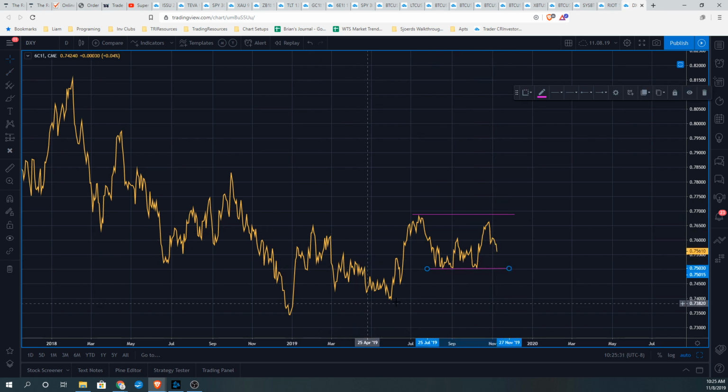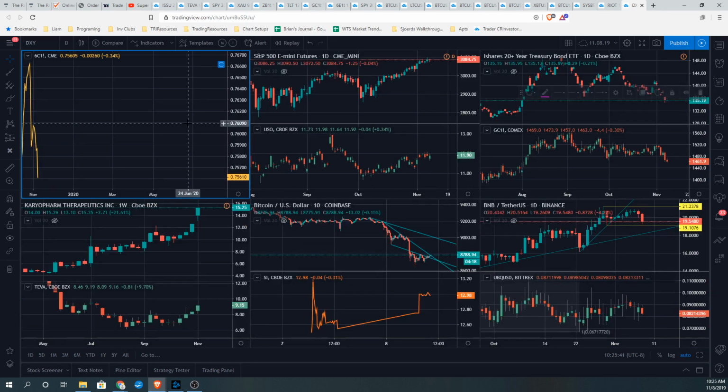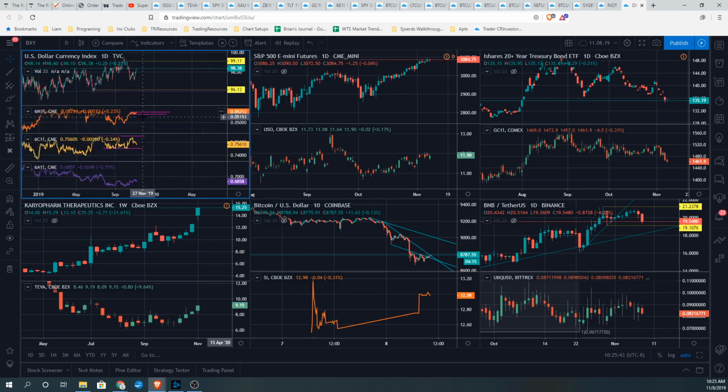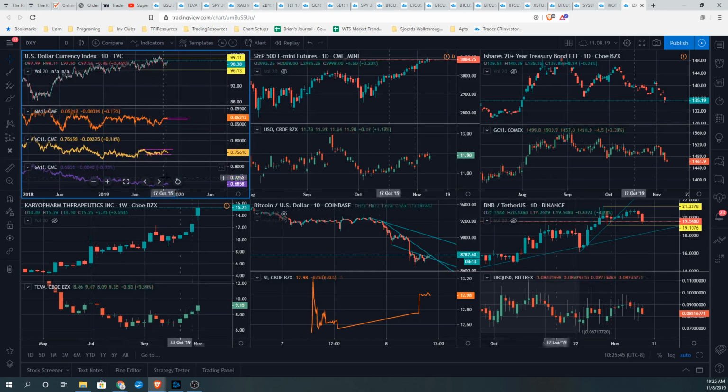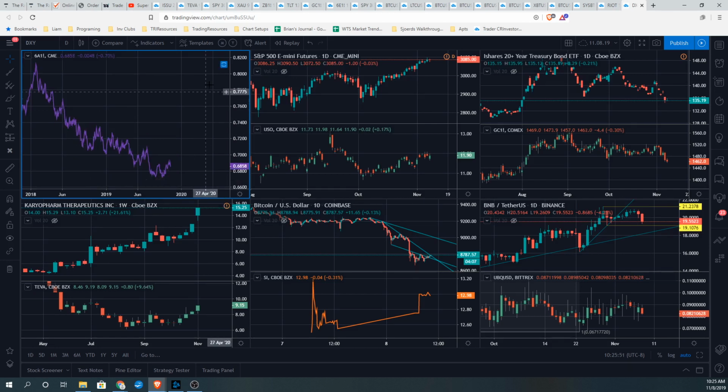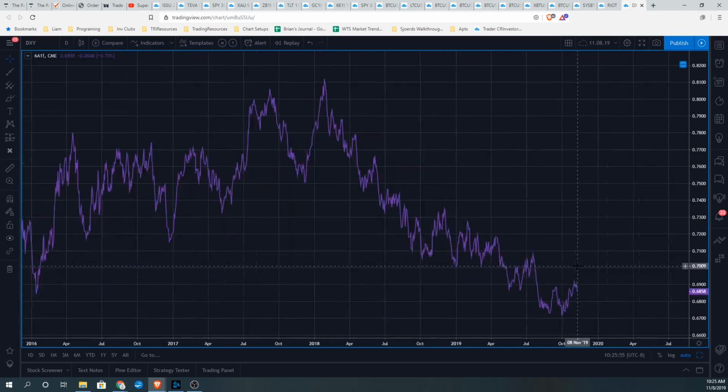I'm interested in hunting long setups here. But Canadian dollar is under pressure today, and so I was kind of asking myself, well, is it a function of money flowing out of North America, or Canada just sucks, or is it maybe commodities in general are seeing outflows? And I also pulled up the Australian dollar. Remember, we've been talking about this one recently.